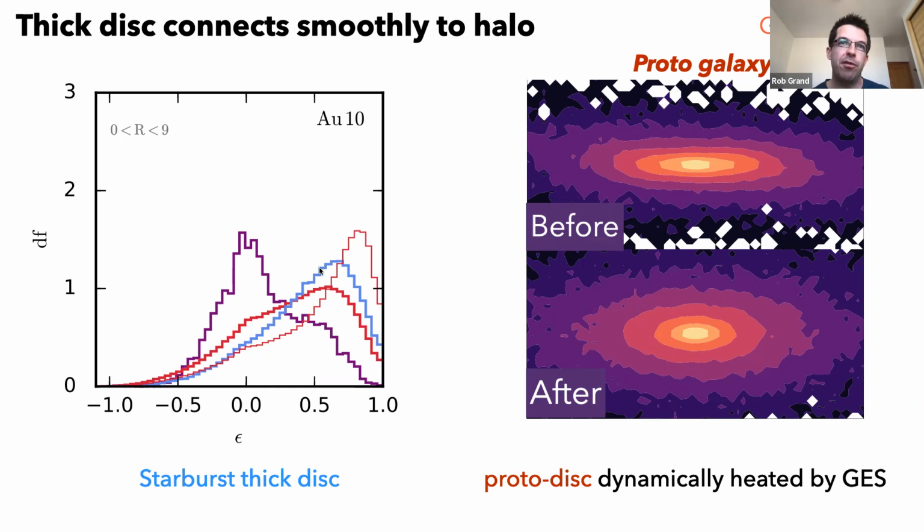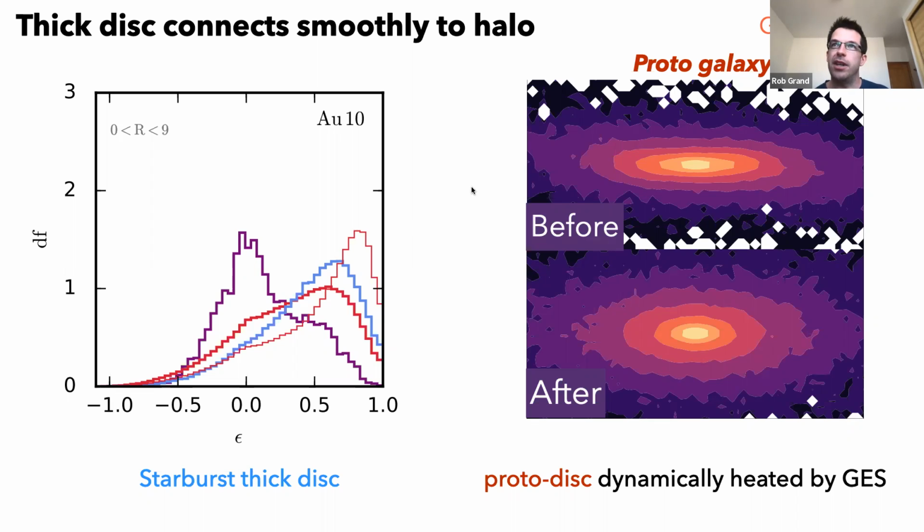The starburst material is where you would expect the thick disk to be. It has predominantly prograde rotation, but it's not thin disk material, which would be around 1. And likewise for the protogalaxy, which is this thick red line. Now, this thin red line shows you the protogalaxy material just before the merger. So you can see here it's actually more rotationally dominant than it is at redshift 0.